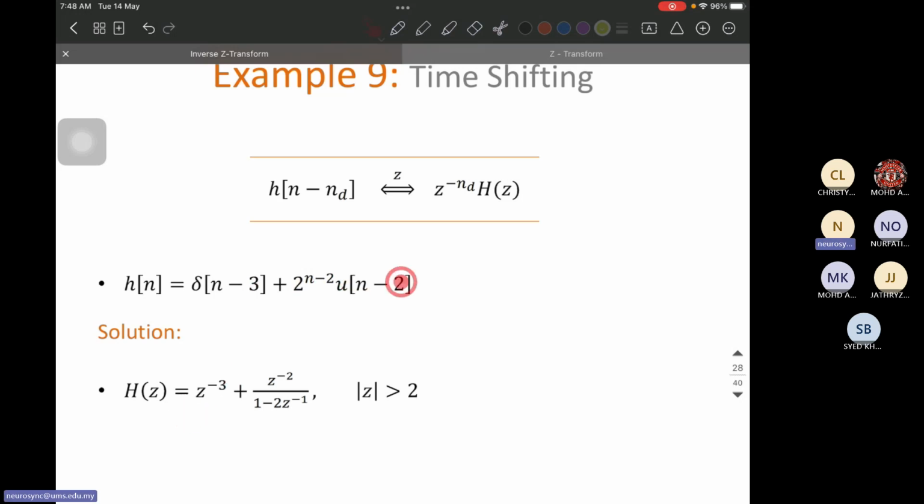Now here we have 2 to the power n minus 2 u of n minus 2.